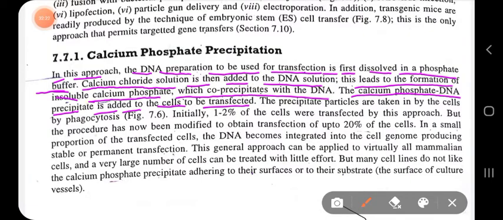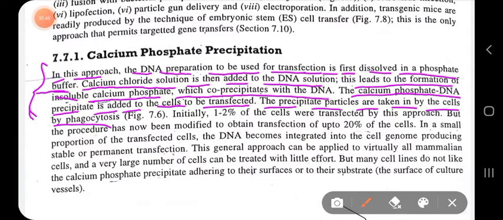That means the DNA will be introduced into the cells. The precipitate particles are taken in by the cells. So cells will now engulf the calcium phosphate containing the DNA by the process of phagocytosis, in the same way as liposome mediated gene transfer.